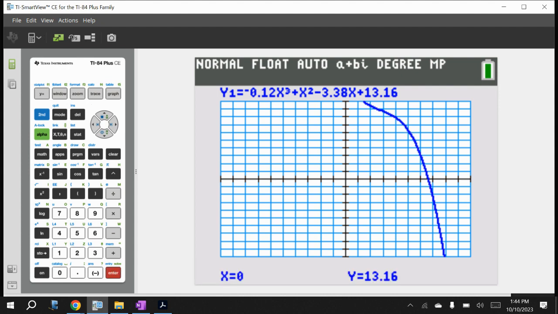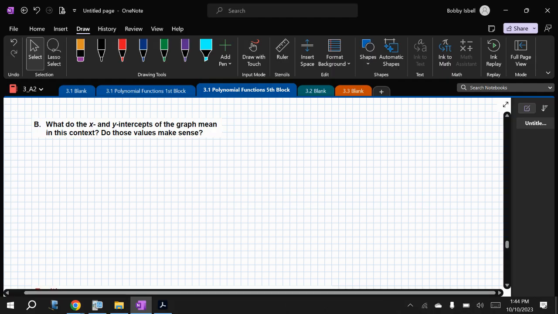And here is my 0 cups of vinegar, and then 13.16 is what? Seconds. Okay, so the y-intercept is at 0, 13.16. What does that mean in this context? So we put some baking soda in the bottle, and now we're pouring vinegar in there.